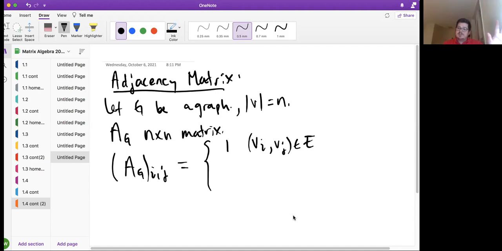If you use one labeling and your friend uses another labeling, they're still going to be the same graph. So if an edge appears between 2 vertices, we're going to put a 1 in that position. And you're going to put a 0 if there is no edge between them. That's it. Does that make sense, the definition?